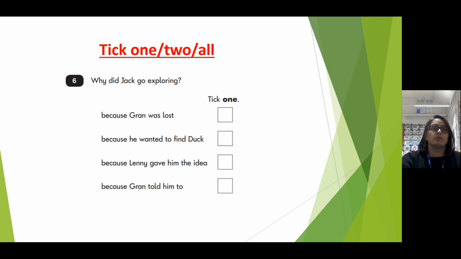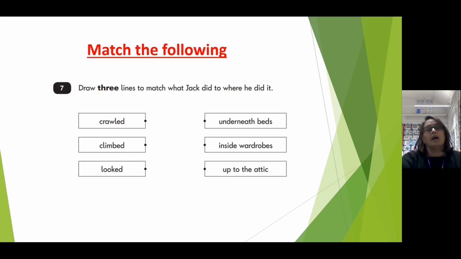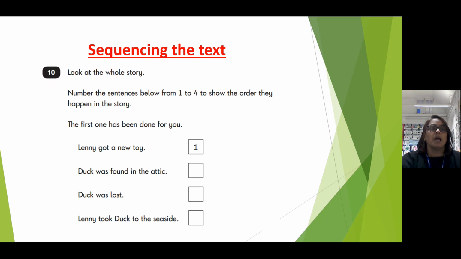Then they also have to answer the question by either ticking 1, 2, or sometimes they will ask you to tick all the appropriate answers to answer the question. Then we have match the following, where they need to match the appropriate boxes. They also need to sequence the text.